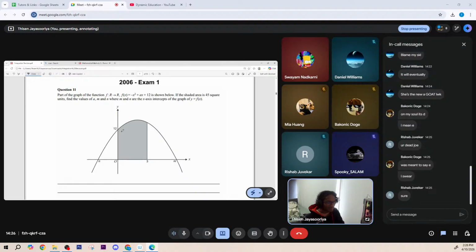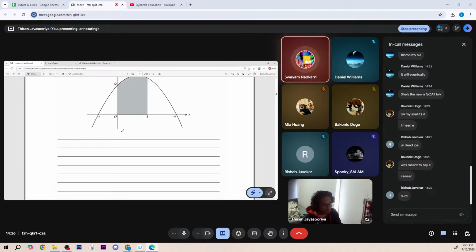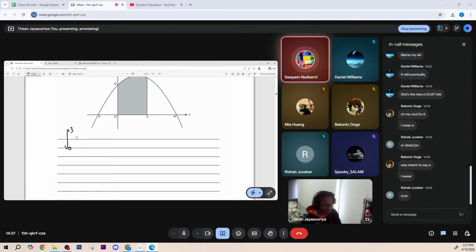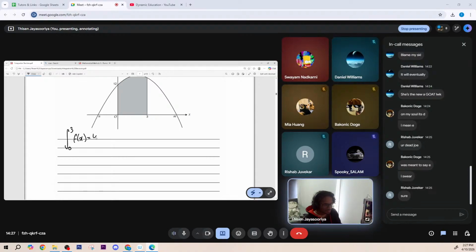It says here, part of the graph of the function f, where f of x equals negative x squared plus ax plus 12, is shown below. I would do the integral from 0 to 3, and make that equal to 45. So remember, I need the dx.